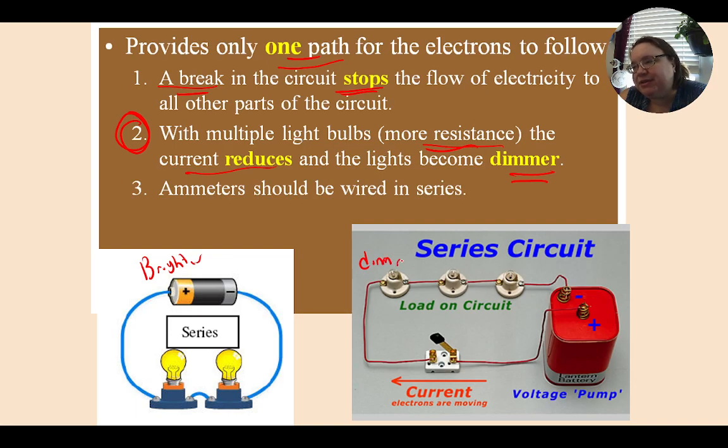I know they may not look the same in the picture, but let's assume both of these are 2 volt batteries. So the one on the right with the 3 bulbs is going to be dimmer than the one on the left with just the 2 bulbs. And if I had only one bulb, one resistor, it would be the brightest.